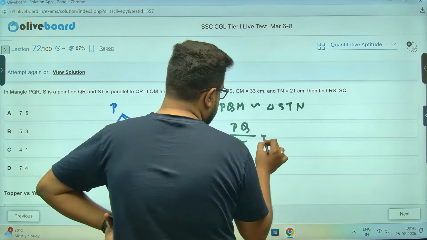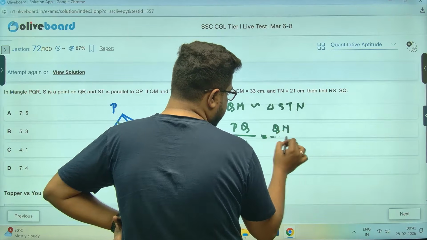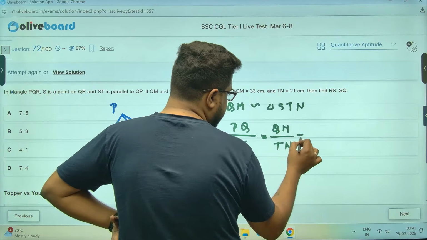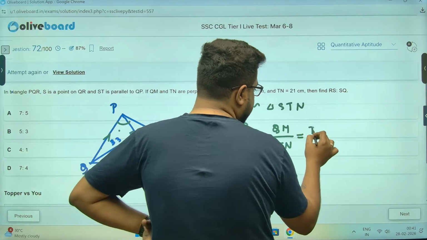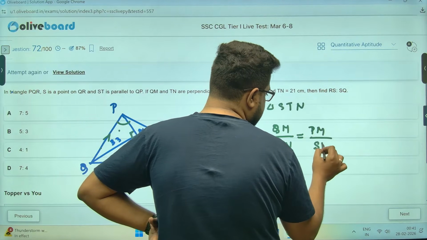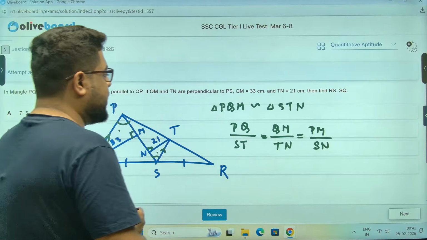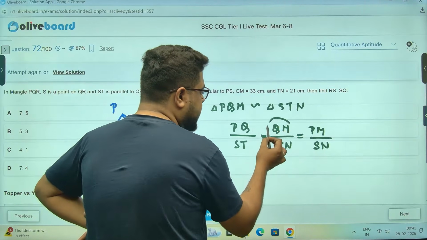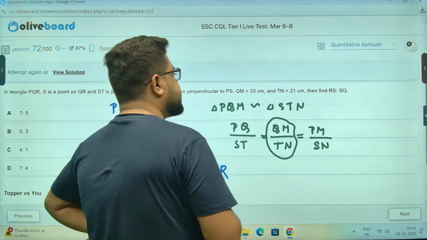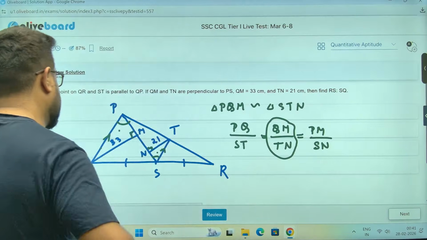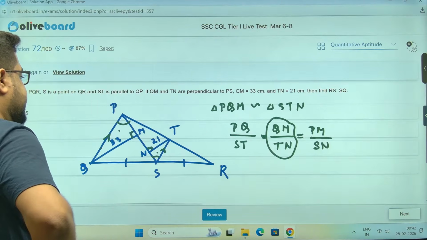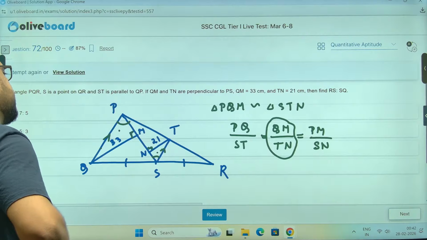Second two, QM by TN, second two. First and third, PM by SN. I know certain things. QM I know, TN I know. This part I do know, sir.